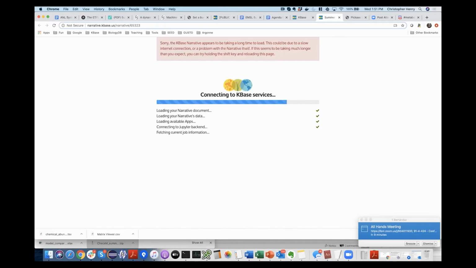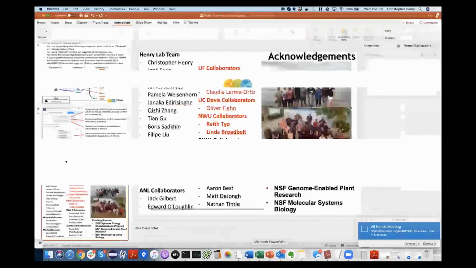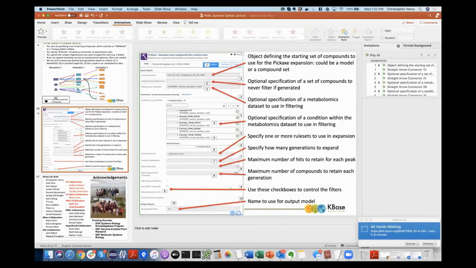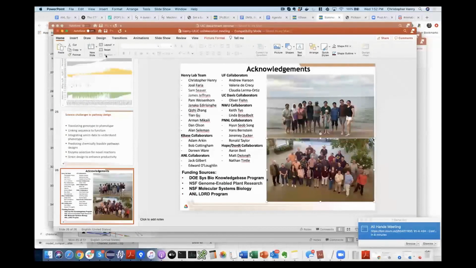We will add those to Pickaxe as those methods mature, and those will show up as new checkboxes in this interface. So you'll see new checkboxes with the thermodynamics. Like there might be a threshold for the predicted delta G value, so we could filter out everything with a really large delta G for the reaction above that threshold.